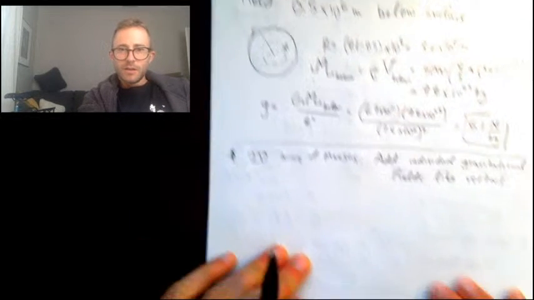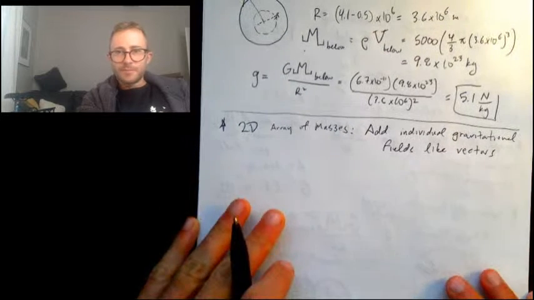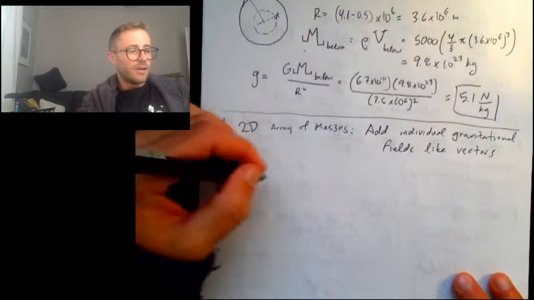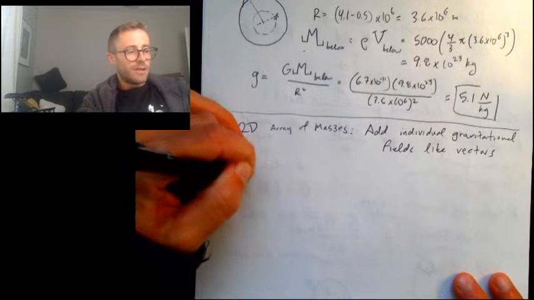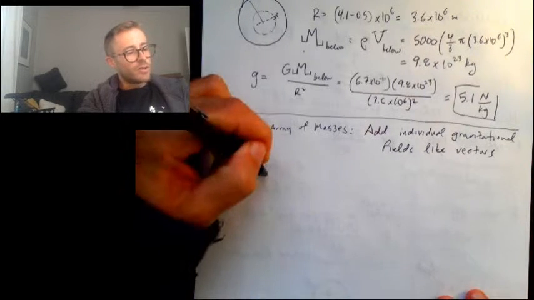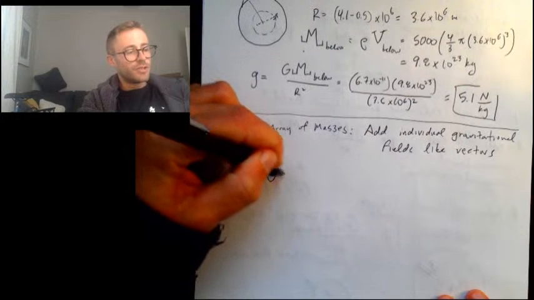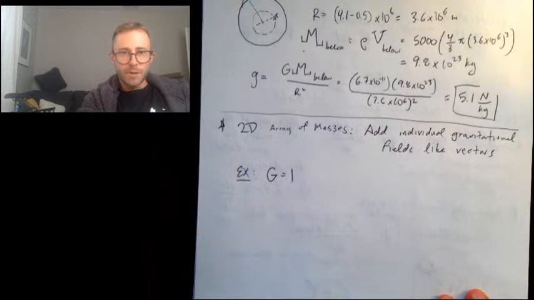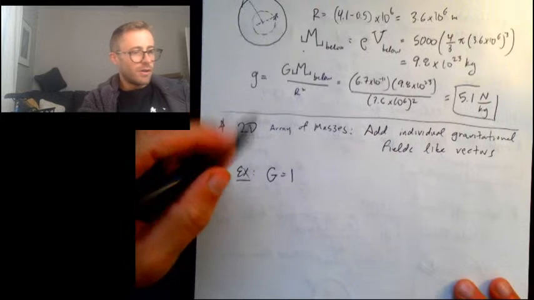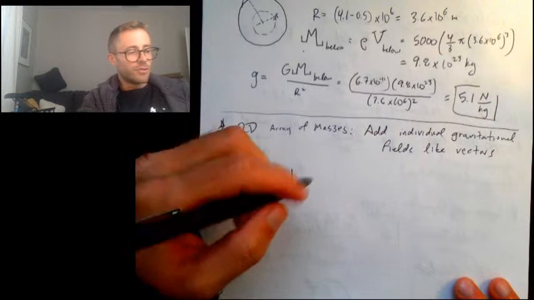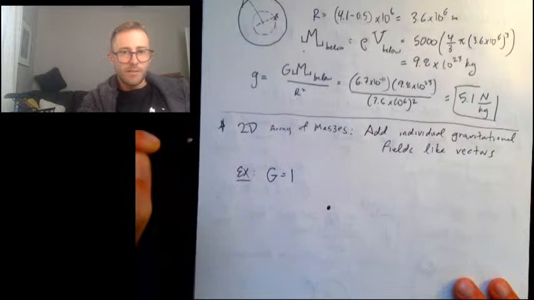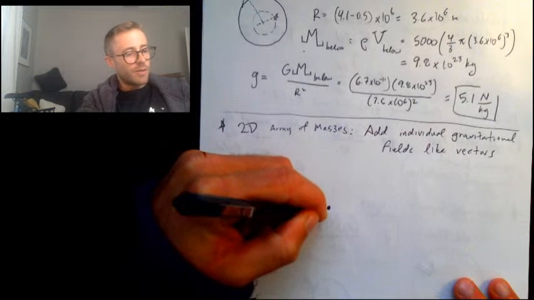Okay? So let's go ahead and do an example. For simplicity, we are going to be in a universe where big G is equal to 1. Okay? So I don't have to come up with huge numbers for you guys. All right? And let's suppose we have a 3, 4, 5 triangle. So we have a 2 kilogram mass that's right here.